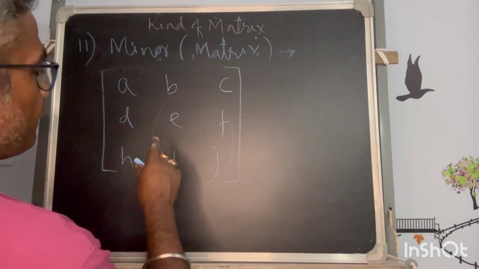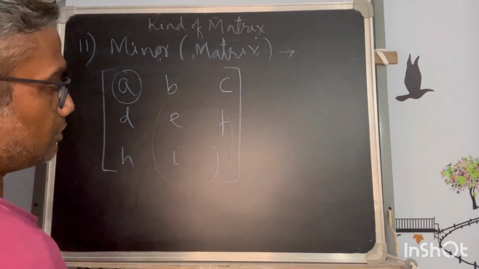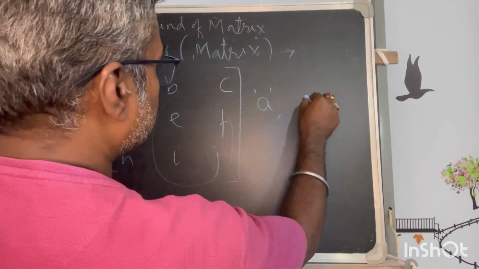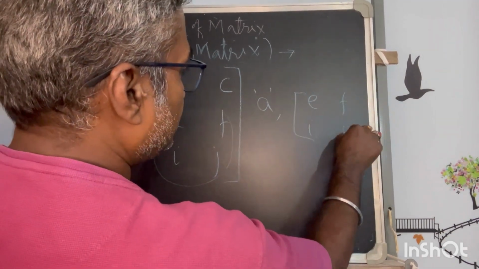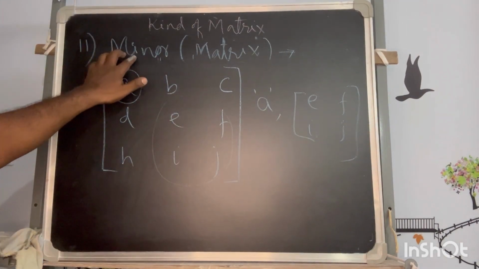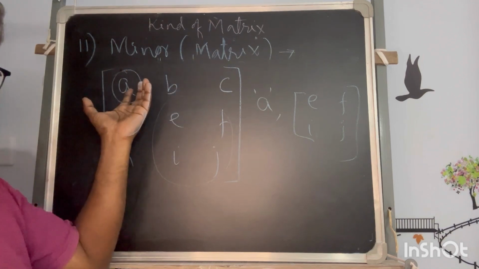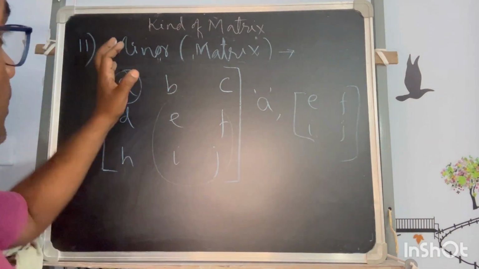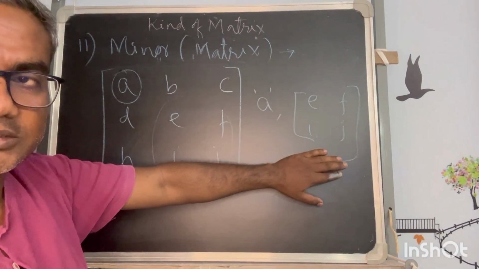Now if I take just one particular element, the minor of this could be, now we can understand, this is also a matrix. So a minor can be considered a kind of matrix, but it is again a part of a matrix. So that's why I am not trying to say it is a matrix, but at the end this is also a matrix.